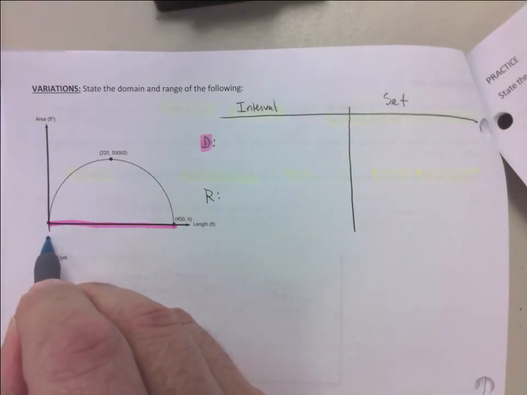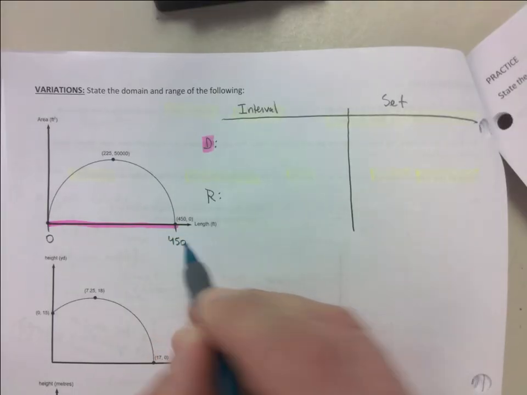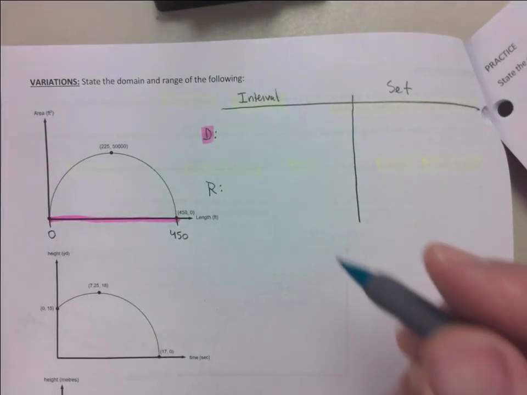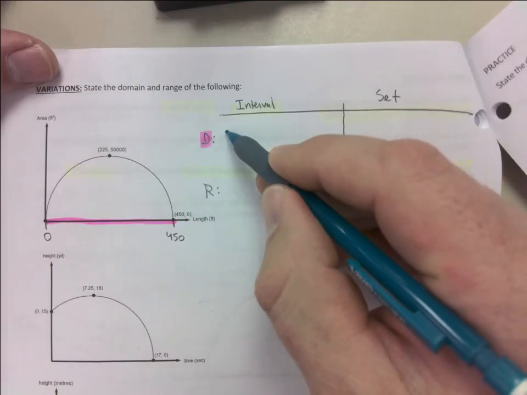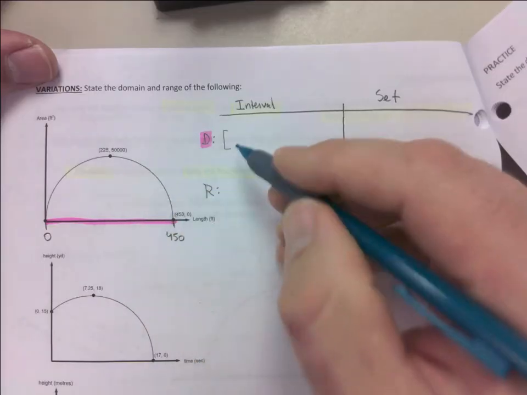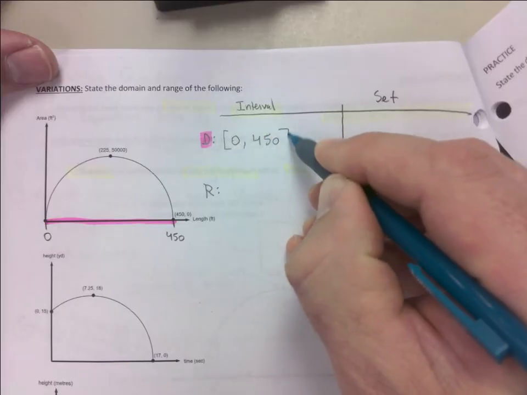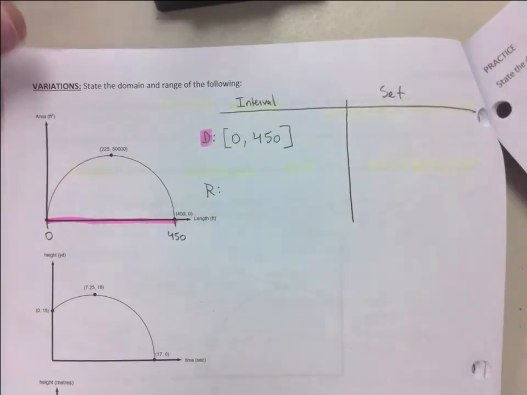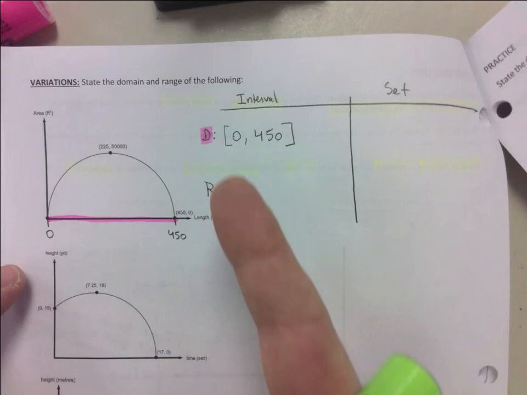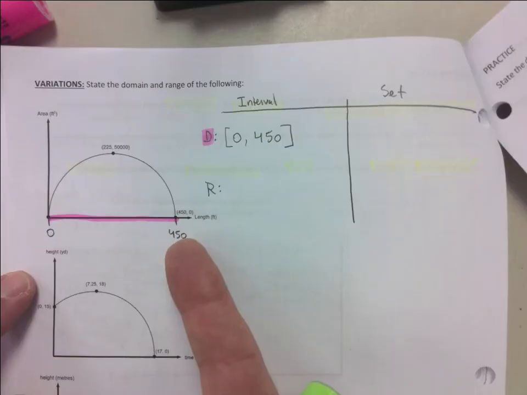So you're basically going from 0 to 450. For interval notation, you would simply say that the x values that are acceptable in this case go from 0 all the way to 450. Remember, 0 to the greatest x value possible, and the greatest x value is 450.